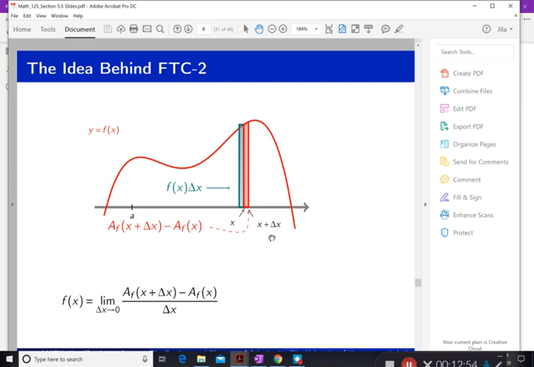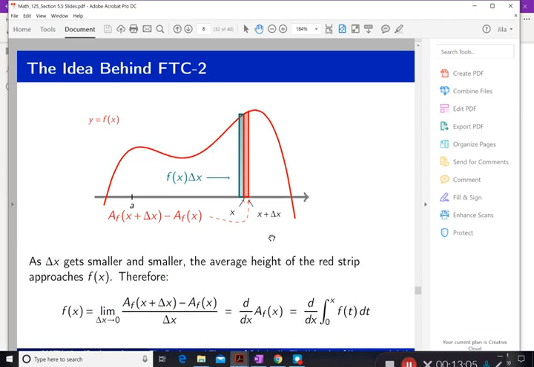So I can find the quotient, and the delta x's simplify from top and bottom, and I will get f of x. Therefore, the derivative of A sub f of x is going to be equal to f of x. So that's an idea of how this theorem works. We didn't go through every technicality, but we gave you an idea of how this theorem actually works.